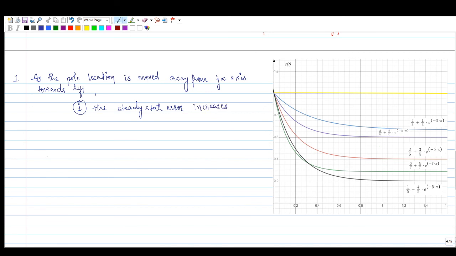And the second one is that the speed of the system increases.